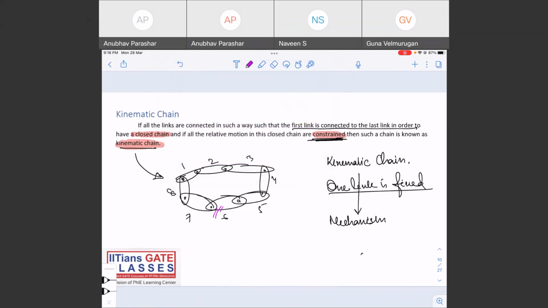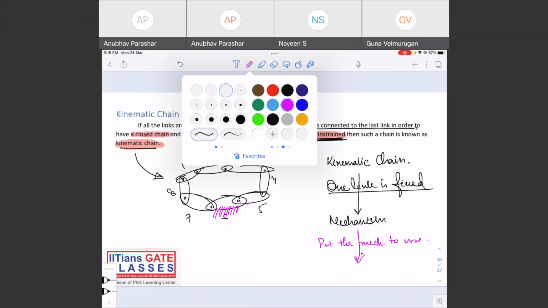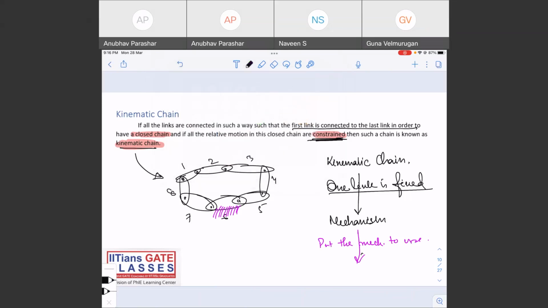And if you put the mechanism to use, what you're going to obtain is a machine.